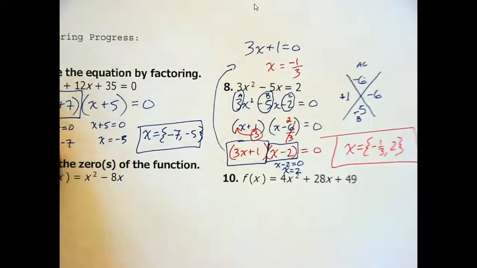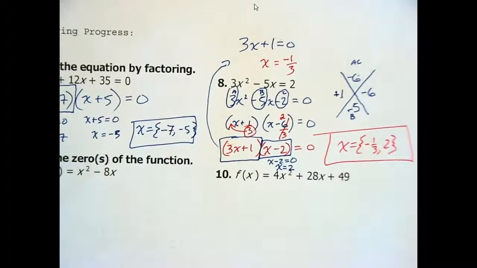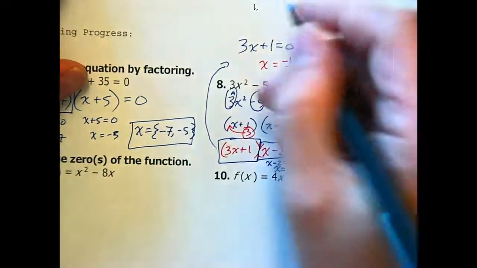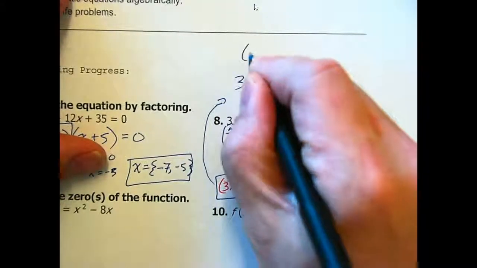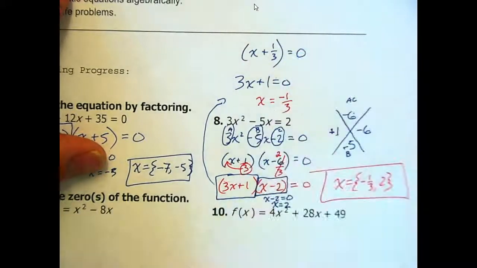I'm waiting. Yes? Sure. Yeah, that's a good point. What Scarlett's saying is, when I have x plus 1/3, can't I just say what makes that equal 0 is negative 1/3?